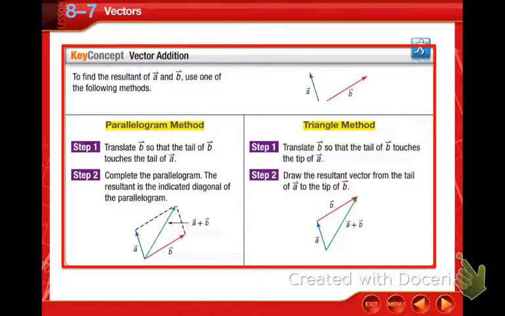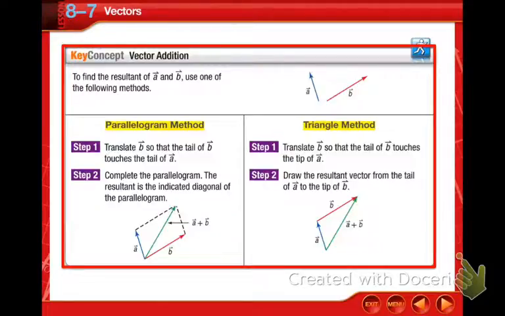You draw two dotted lines parallel to the two vectors you have, and your resultant vector will be the line that connects the tails of your two vectors to the connection of the two dotted lines.